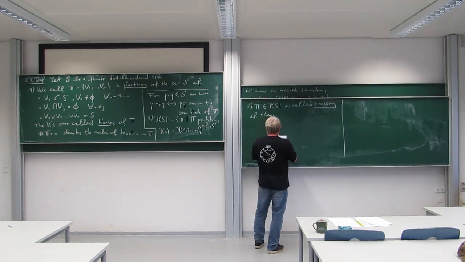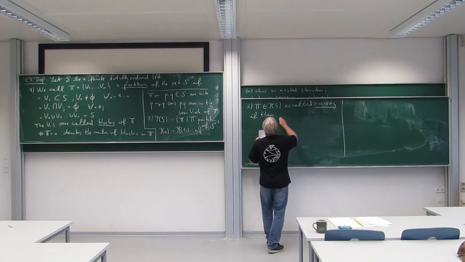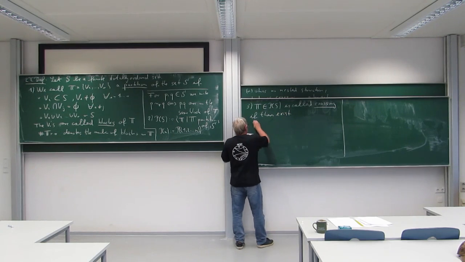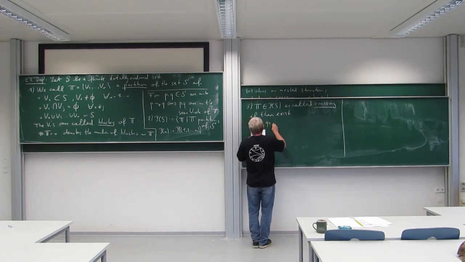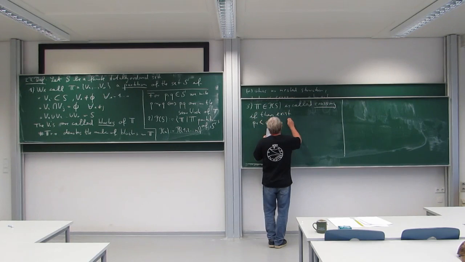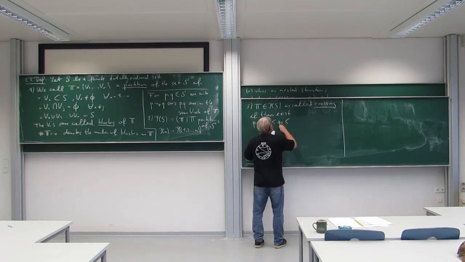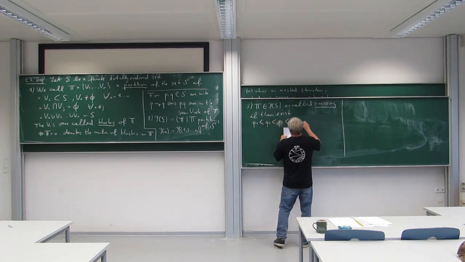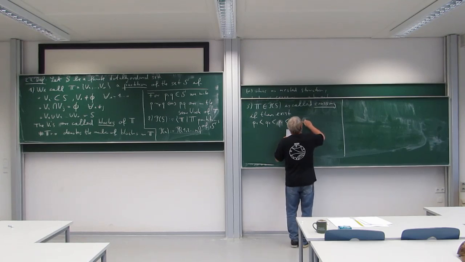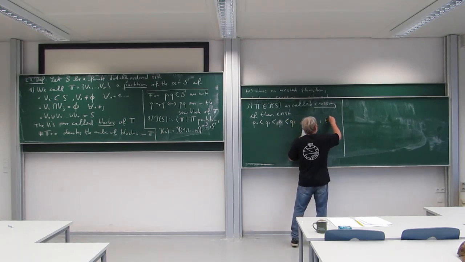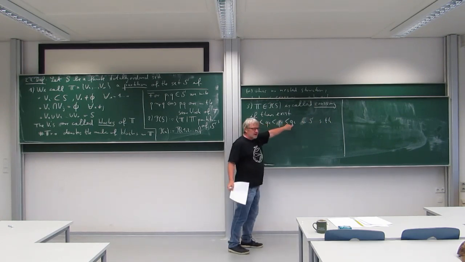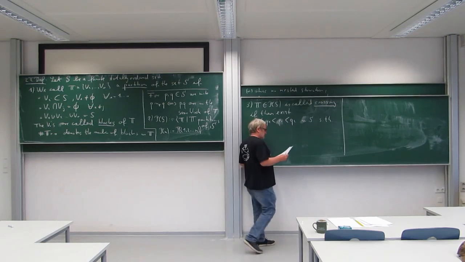So this means if there exist numbers p1 smaller than q1 smaller than p2 smaller than q2, and all those should be in S, such that the p's are in one block and the q's are in another block, but those two blocks are different.